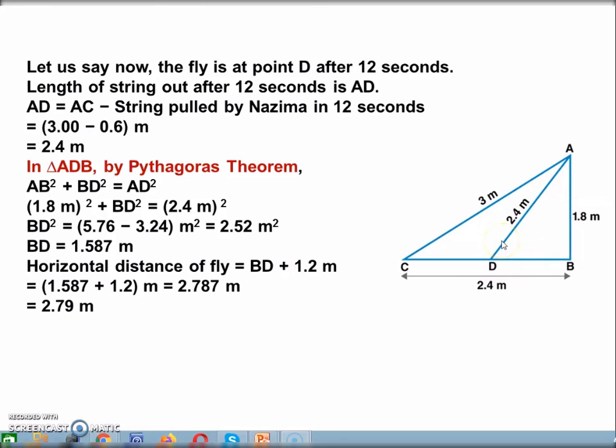So here the hypotenuse is given, 2.4 whole square, and 1.8 whole square. Now BD square is what you have to find out. So BD square will be equal to hypotenuse square minus perpendicular height square. So that one approximate value only you can find out. There the final answer will be 2.787 or approximately 2.79 meters.